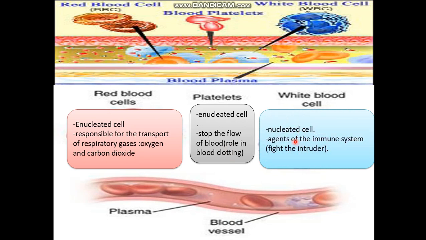White blood cells are the agents of the immune system. These cells fight the intruders. We call them the immune cells. Pay attention, the immune cells are the white blood cells.